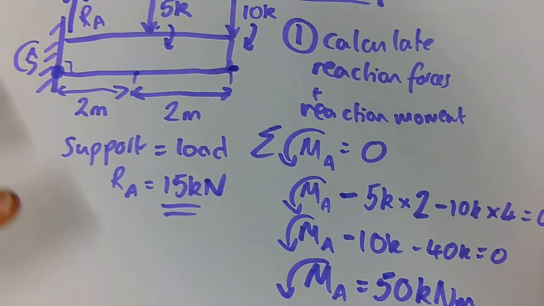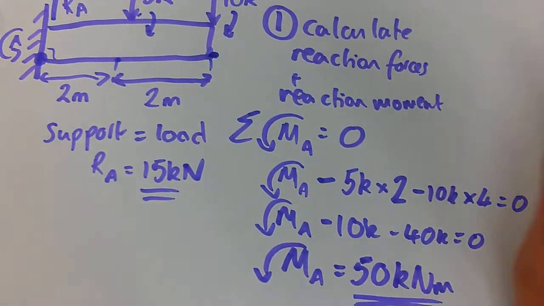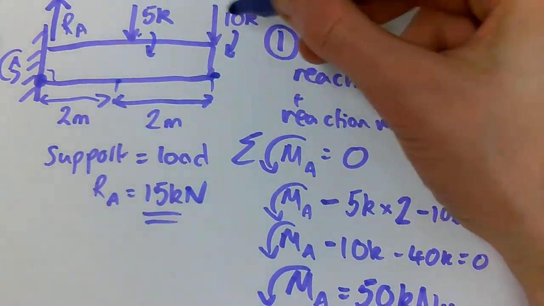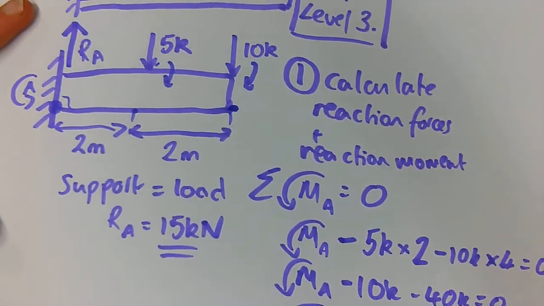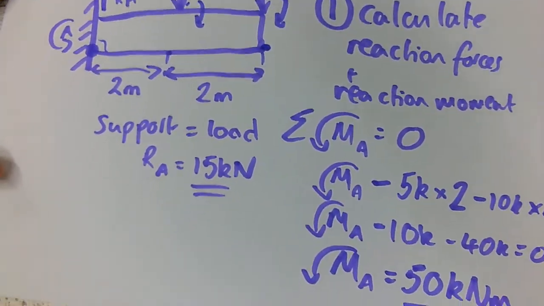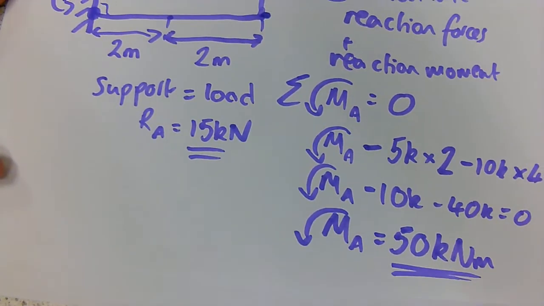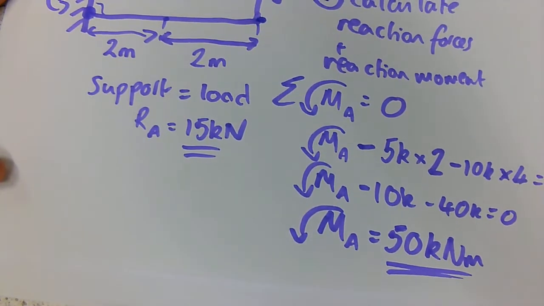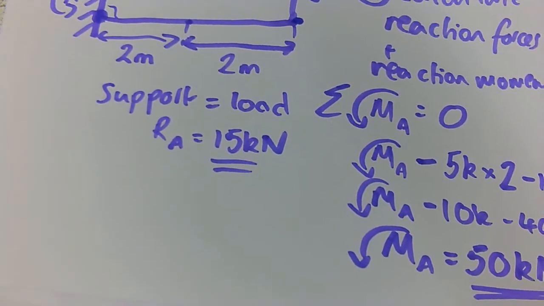That is the required moment applied at A to counteract the turning effect of those forces. Now calculating our bending moment diagram requires us to make cuts along our beam wherever we see an external force applied. So we're going to need a fresh sheet of paper. With the power of video editing, we have a fresh sheet of paper.